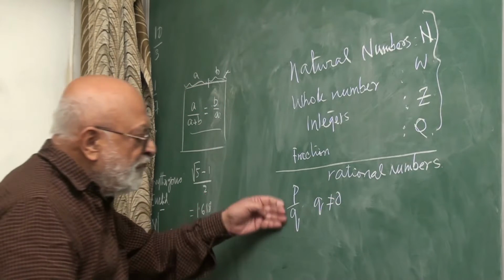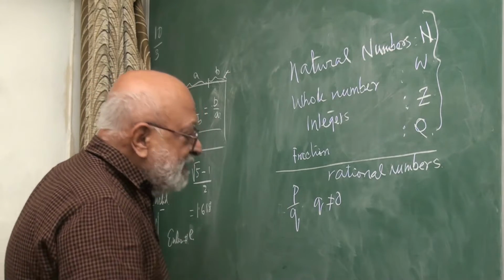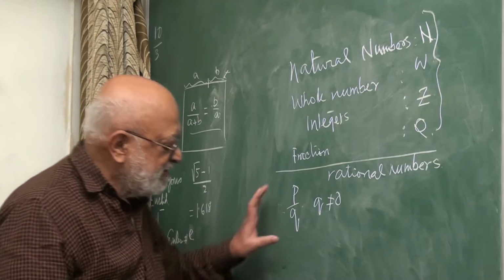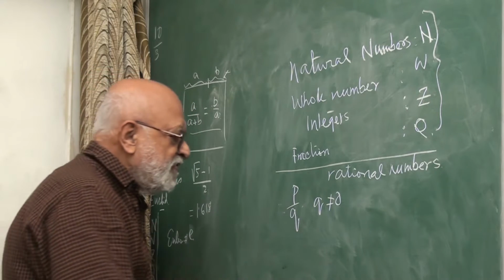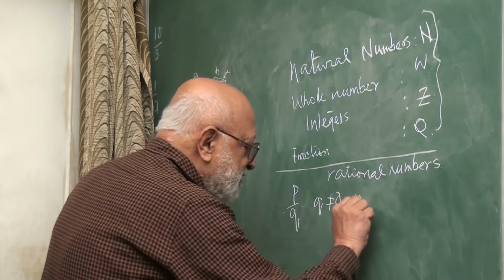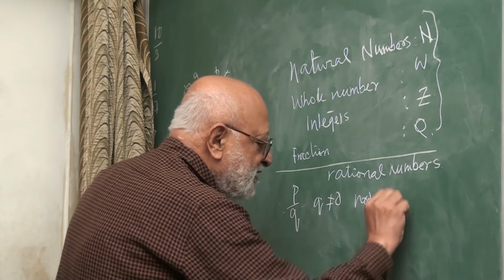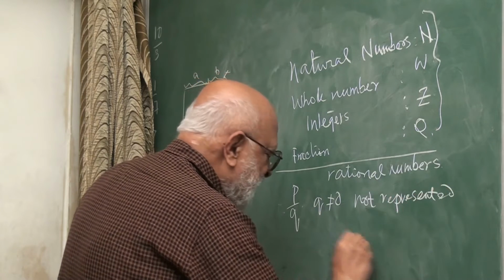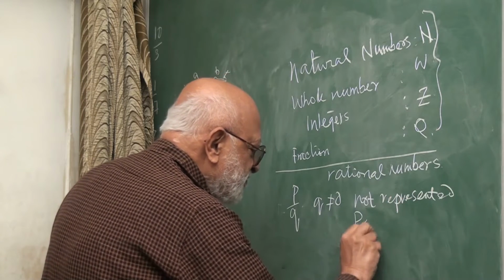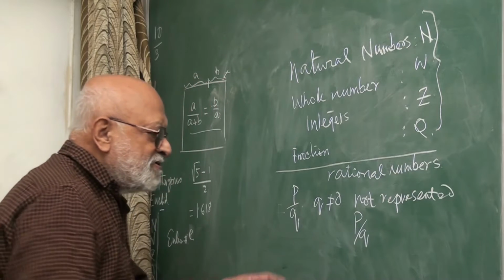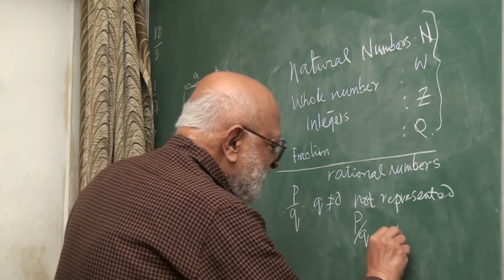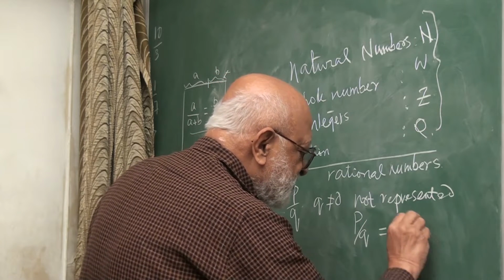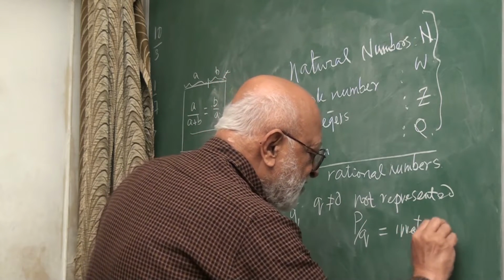Now we have also found that there are some numbers which you cannot represent in this form, so not represented as p by q. So this we call irrational numbers.